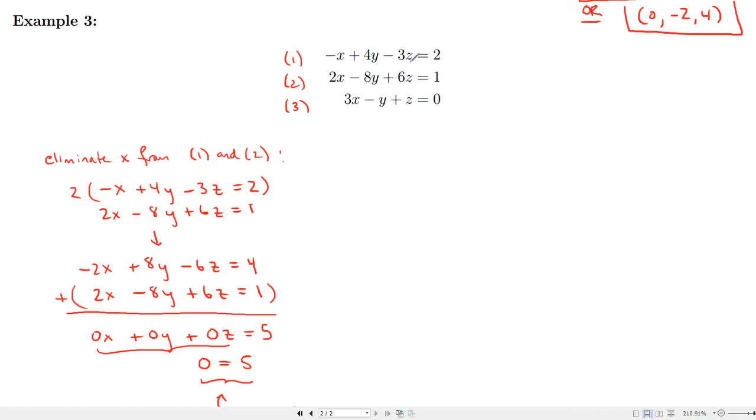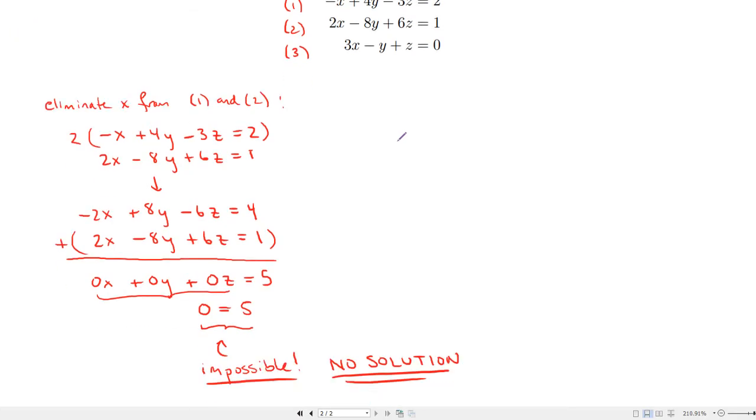That's the terminology that we use, but they are essentially the same. So we can't find a place for all three of these to be satisfied simultaneously. Okay, there's not going to be a single solution there, and we get to this point where it's impossible. So we just say that there's no solution.